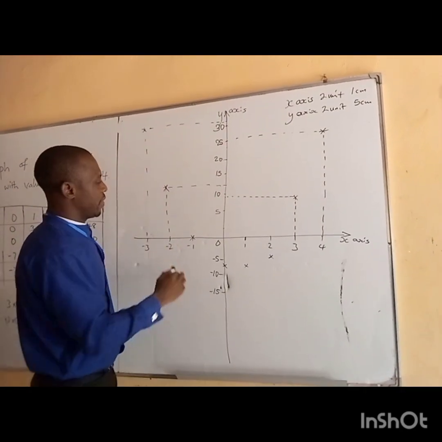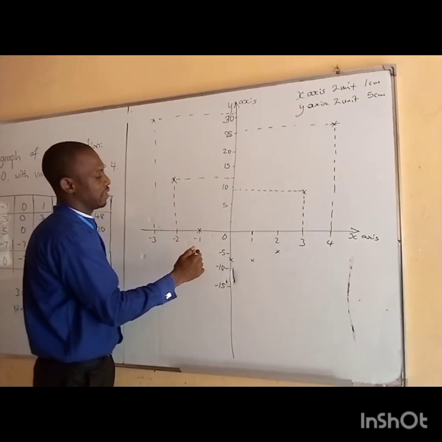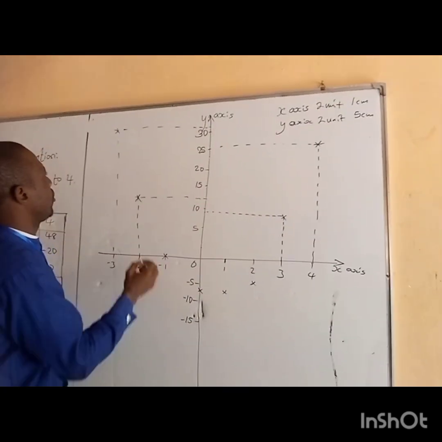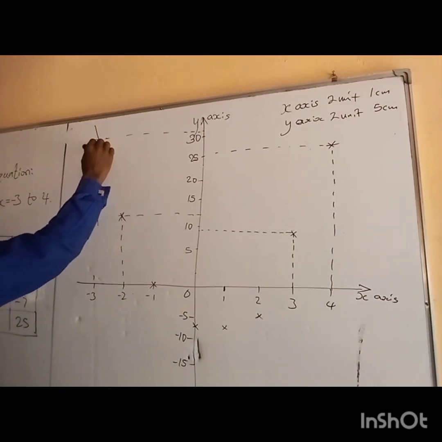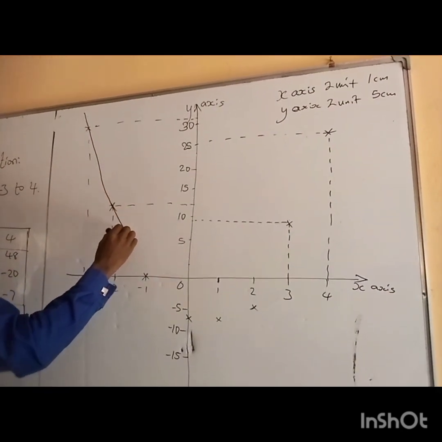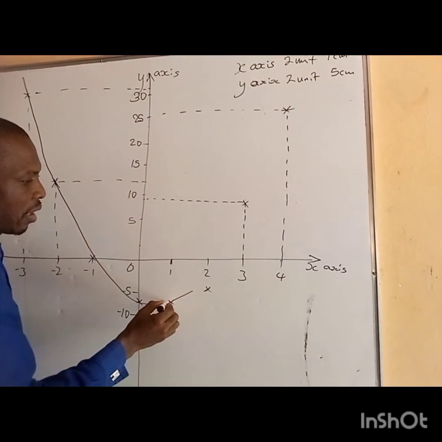So after indicating all the values of x versus y on the graph, we're going to have a curved line. Every quadratic equation is always a curved graph.